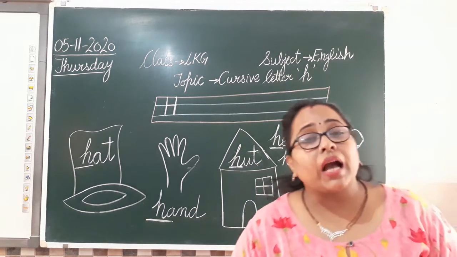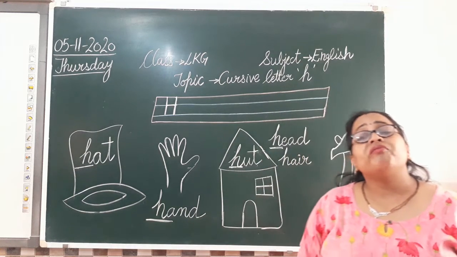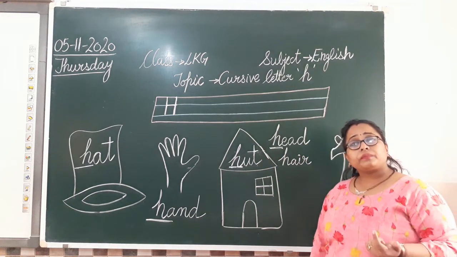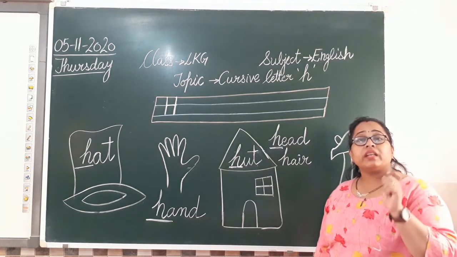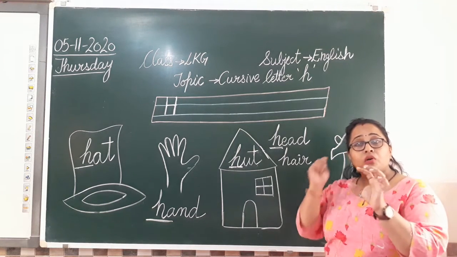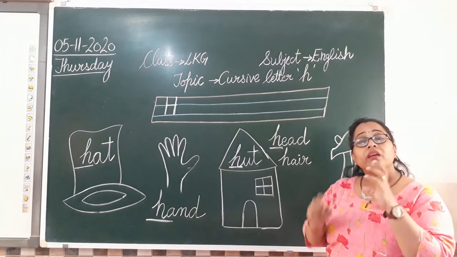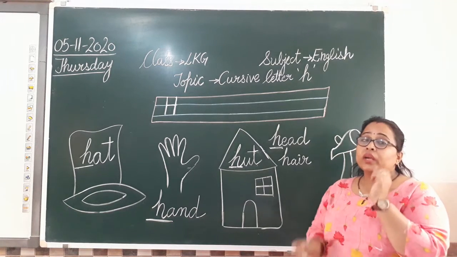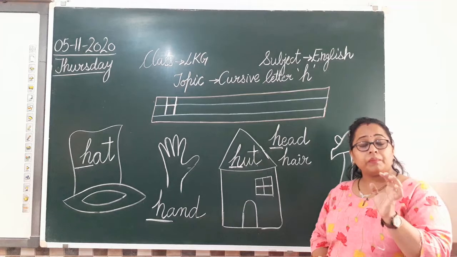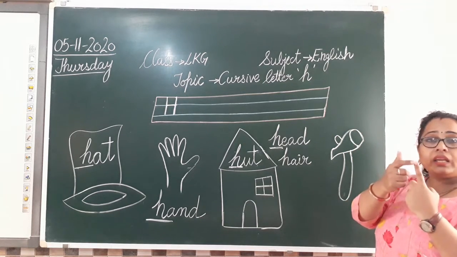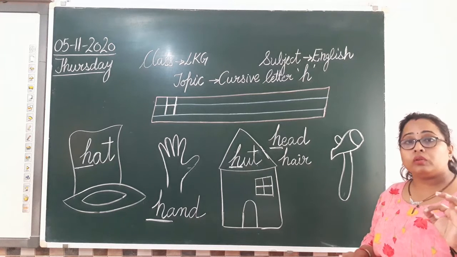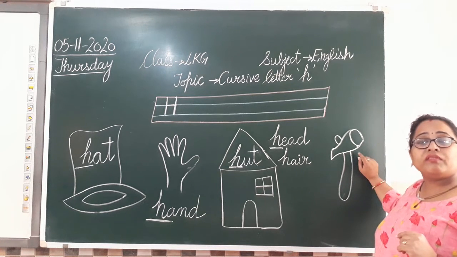Yes, it is used by carpenters or sometimes you will find it with cobblers. And they use when they want to fix a nail. Nail मतलब कील को fix करने के लिए, किसी चीज में fix करने के लिए when they need to fix a nail, जब हमें nail को fix करना होता है, we use it. ये वाला nail नहीं, the iron nail जिसको हम कील बोलते हैं, उसको fix करने के लिए we use this.